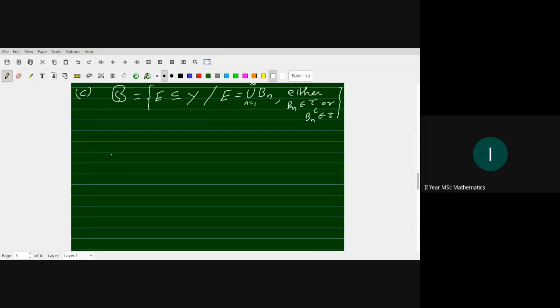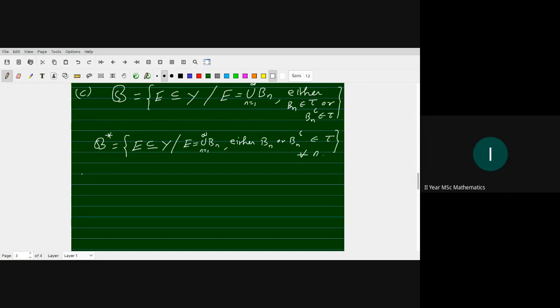Let us prove this. Let B star be the right-hand side, the set of all subsets E of Y such that E can be written as the union of Bn, n from 1 to infinity, with the condition that either Bn or Bn complement belongs to tau for all n.